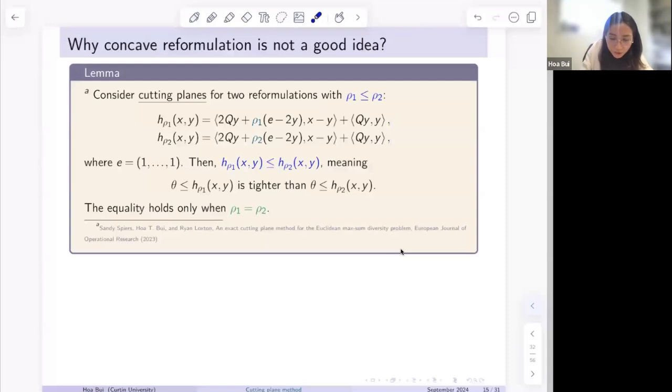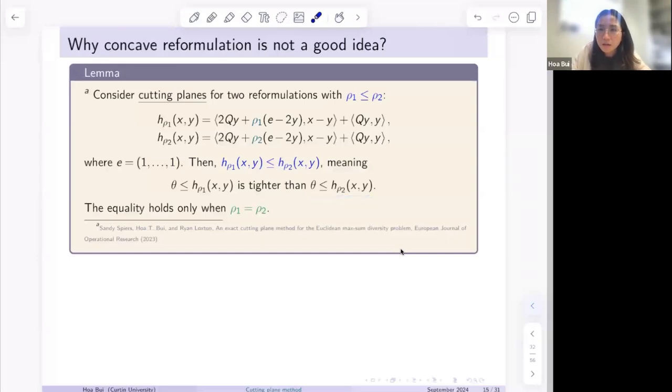We can show that the tangent plane at x, where x is the binary point, for the smaller parameter will be smaller than the tangent plane constructed for the larger rho, meaning that the cut generated for a reformulation with smaller rho will be tighter than the cut generated for the model with larger rho.